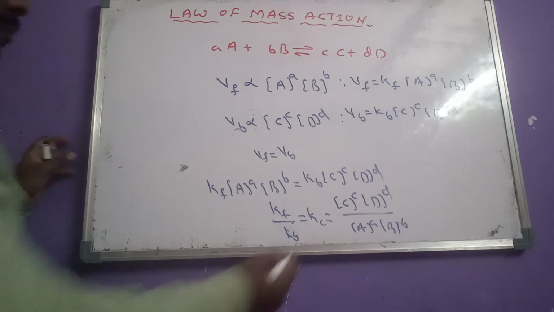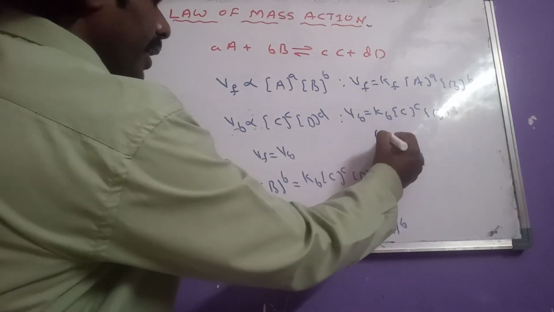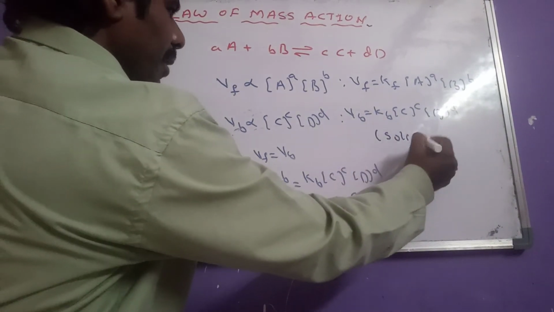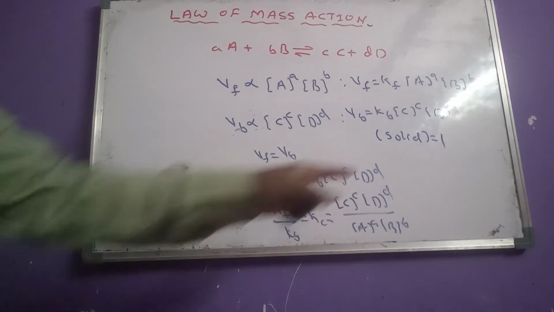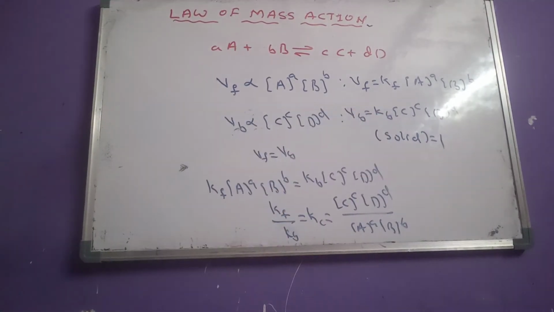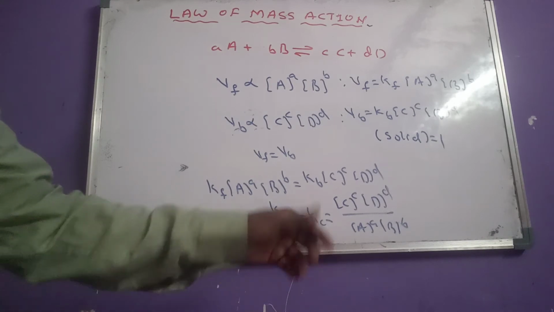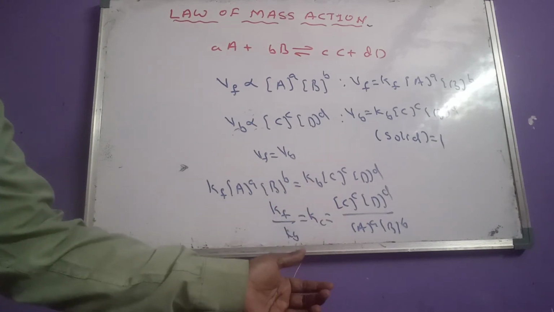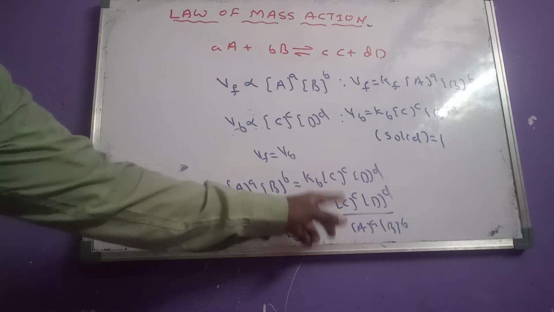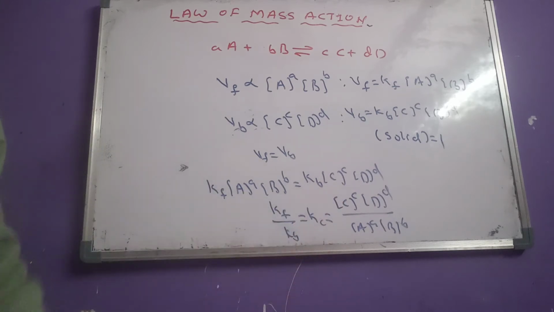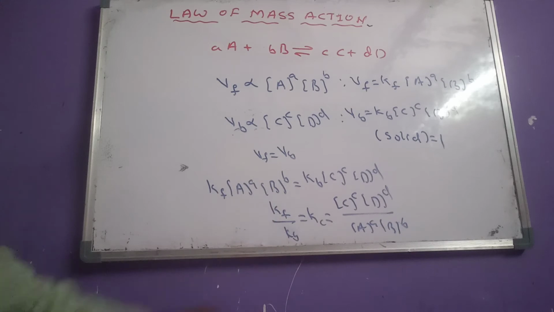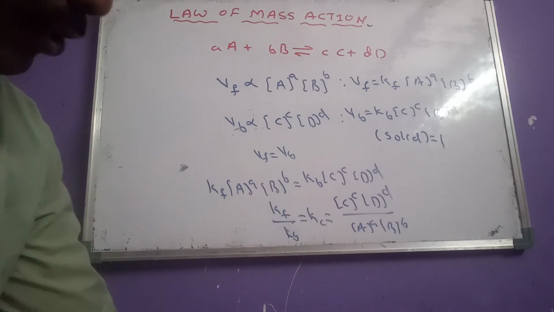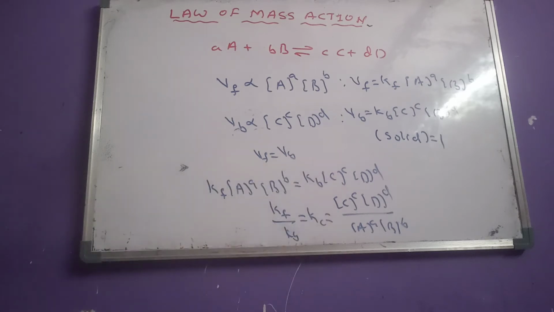If any reactant or product is in the solid state, its active mass is taken as 1 unit, so those solid terms need not be indicated in the Kc expression. We only concentrate on gaseous terms.